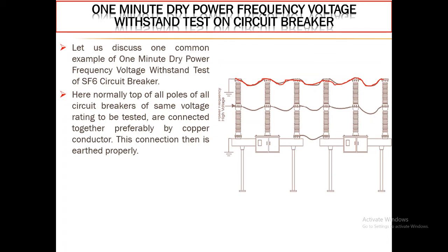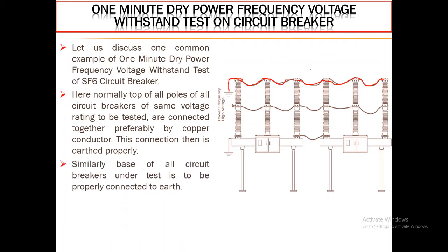Afterwards, all these are connected to the ground, as you can see over here. Similarly, these are the 2 points where the high voltage is applied. The base of all the circuit breakers under test is to be properly grounded.